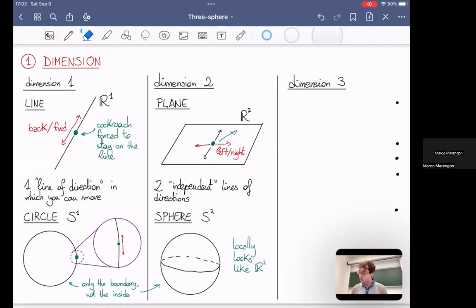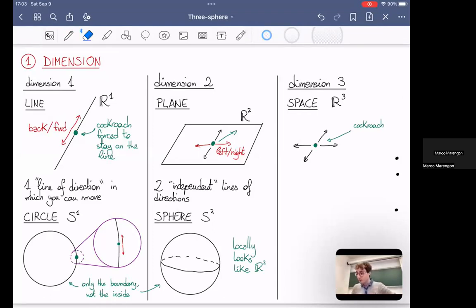So let's go to dimension 3. In dimension 3, we only have one example that we are familiar with, that is the space in which we live. So now we have our favorite cockroach that can move in the plane as before, so forward, backward, left and right.